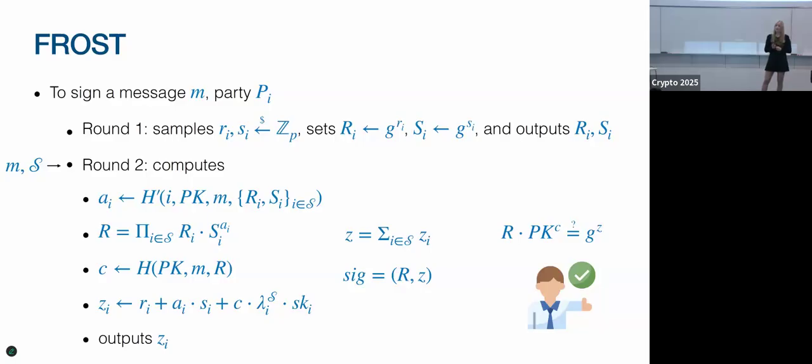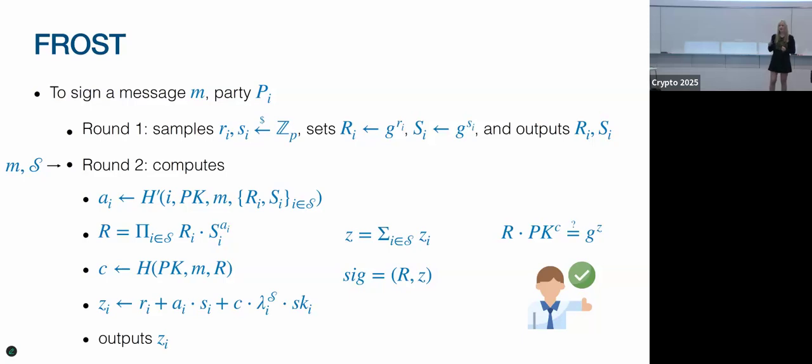In round 2, they compute the following. They first compute a hash ai. This is a hash that takes as input the party index i, the overall public key, the message, and the set of all nonce commitments that they have received from the other parties in the first round. Then they compute the overall aggregate nonce R. This is a product of each value Ri times Si raised to the ai.